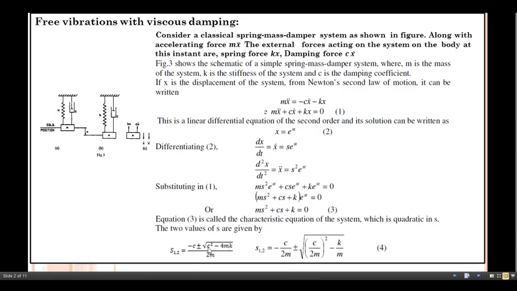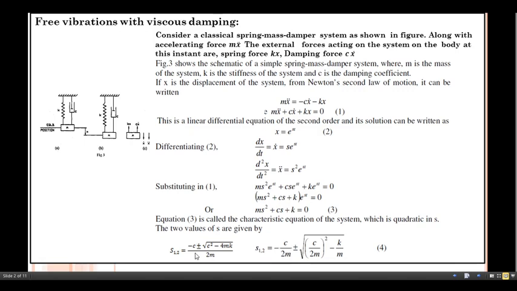Here b square means c square, minus 4 times the coefficient of this one, which is m, and k is nothing but the constant term, divided by twice a, which means 2m will come. So after readjusting the terms, you can get S12 equals minus c by 2m.